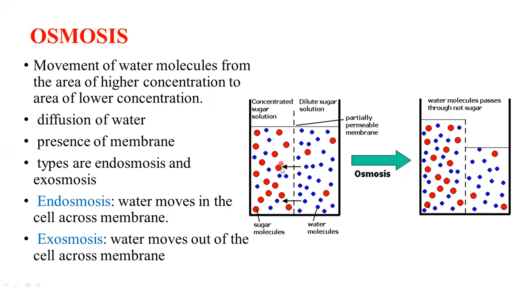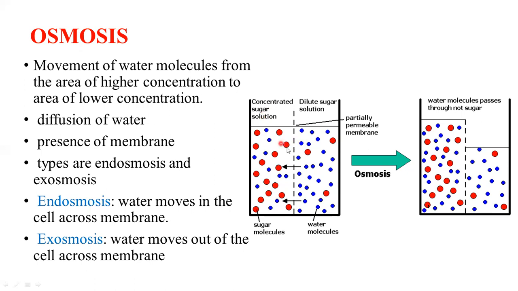The steeper the concentration gradient is, the greater the difference. If the concentrated sugar solution has 80% sugar and the dilute solution has only 10%, there is a huge difference, so we can say this is a steeper concentration gradient.